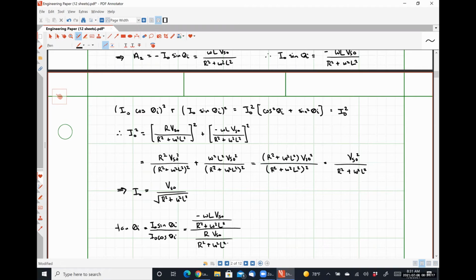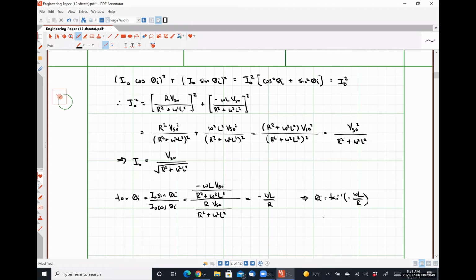Since both of these fractions have a common denominator, they cancel out, leaving us with negative omega L over R, from which we can say theta I is the inverse tangent of negative omega L over R, or negative the inverse tangent of positive omega L over R.